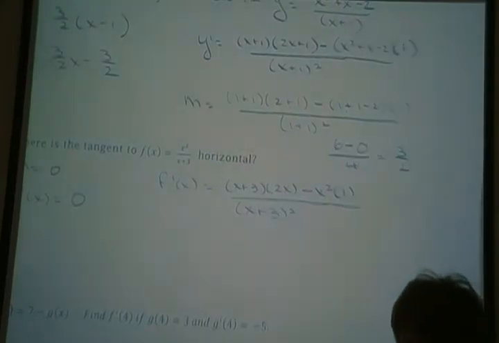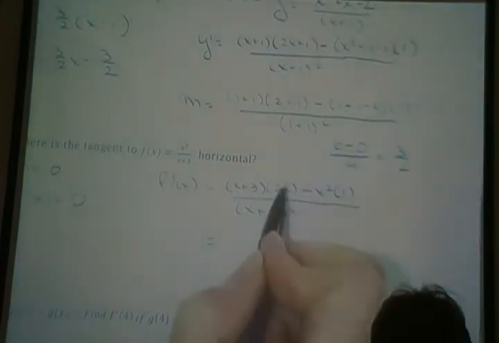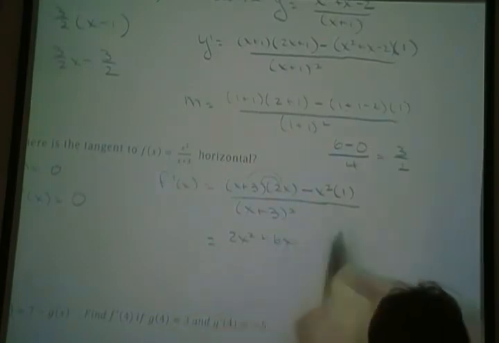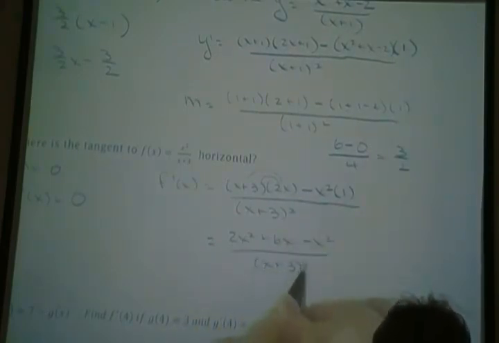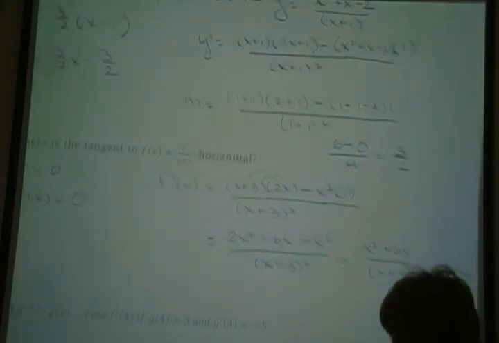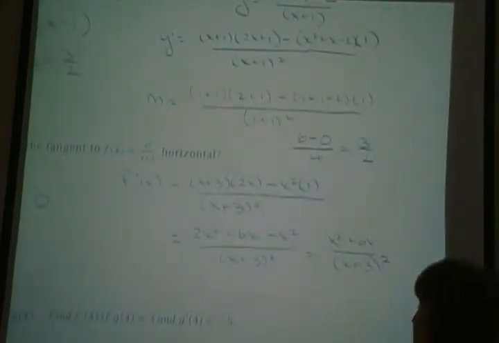And then I'm going to simplify it, because I don't have an x value to plug in. I have to simplify it. So I'll distribute this through and get 2x squared plus 6x minus x squared all over x plus 3 squared, which is x squared plus 6x all over x plus 3 squared. So that's my derivative.